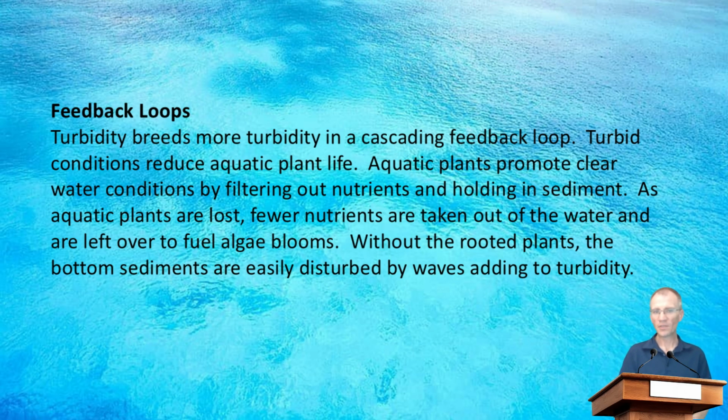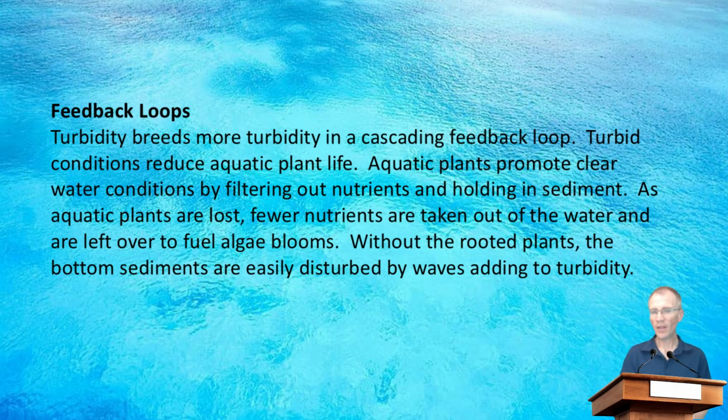Feedback loops. Turbidity breeds more turbidity in a cascading feedback loop. Turbid conditions reduce aquatic plant life. Aquatic plants promote clear water conditions by filtering out nutrients and holding in sediment. As aquatic plants are lost, fewer nutrients are taken out of the water and are left over to fuel algal blooms.